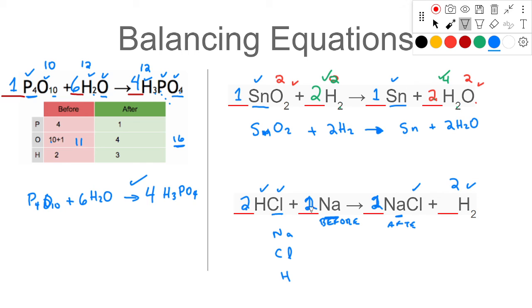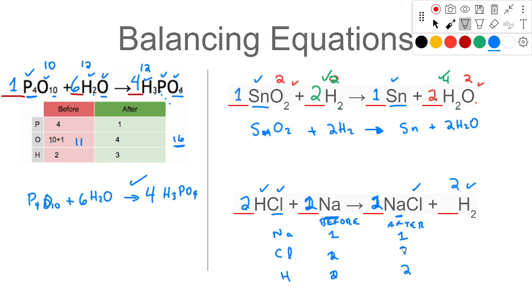And on sodiums, we only had 1 on each side before we started adding the number of molecules. Chlorines, we only had 1 on each side. Hydrogens, we had 1 on the left and 2 on the right. And so you've got to start fiddling with these numbers and say, well, this is going to have to be a 2, and that's going to put a 2 here, and that's going to change my chlorine number to 2.